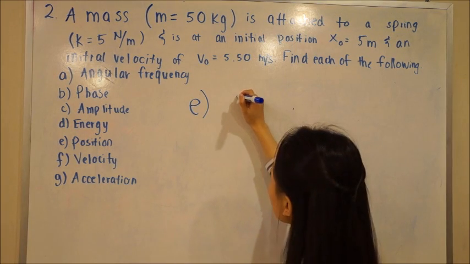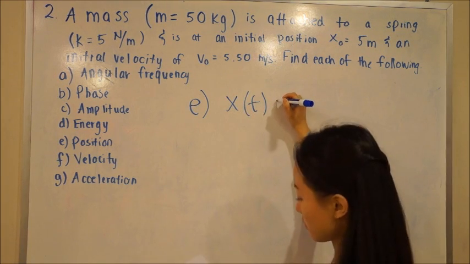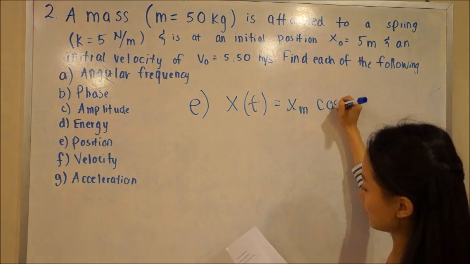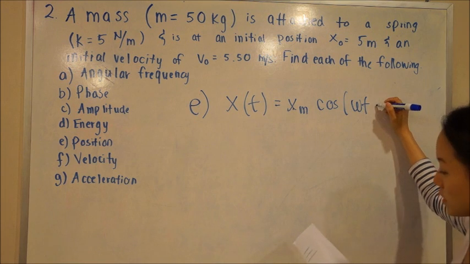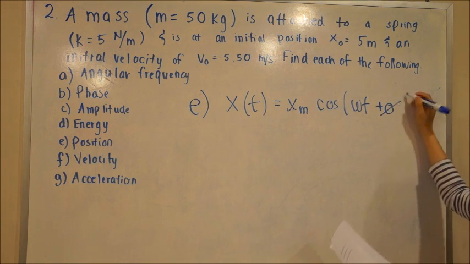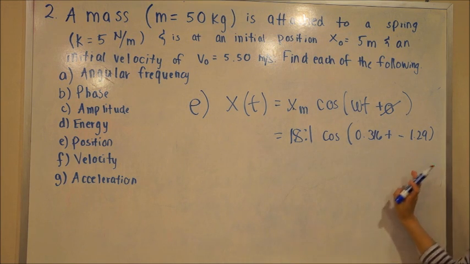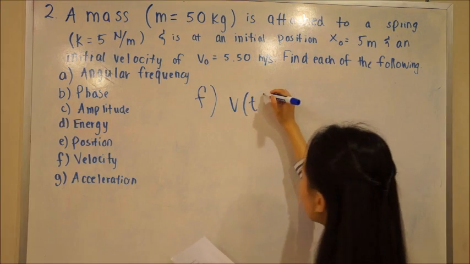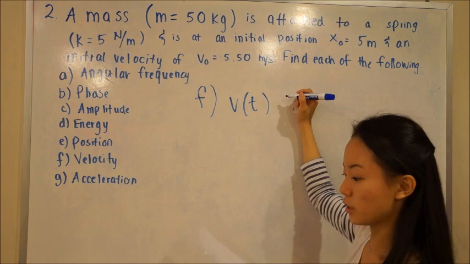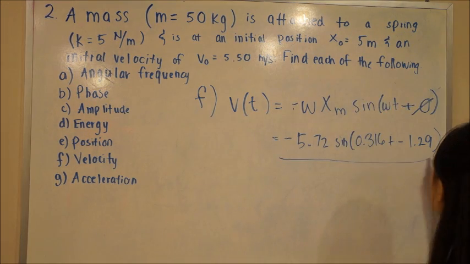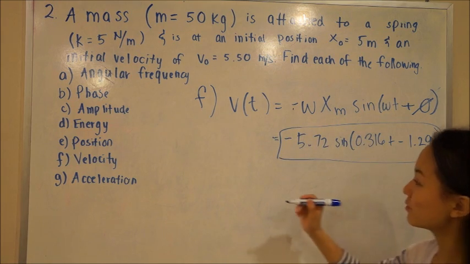To find position, you just use the same equation for finding position, which is equal to the amplitude times cosine of omega t plus phi. So this would be the equation to find the position. To find velocity, use the equation that you got by deriving the position equation, which is this equation here.